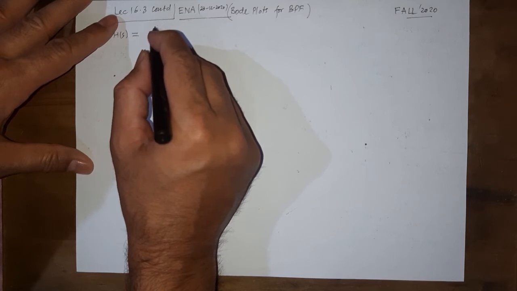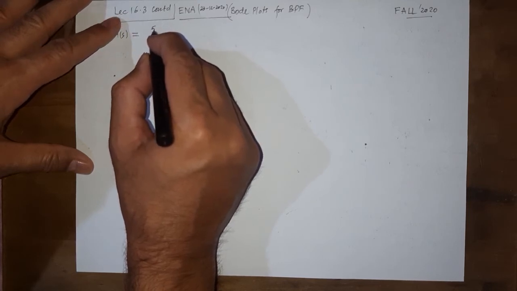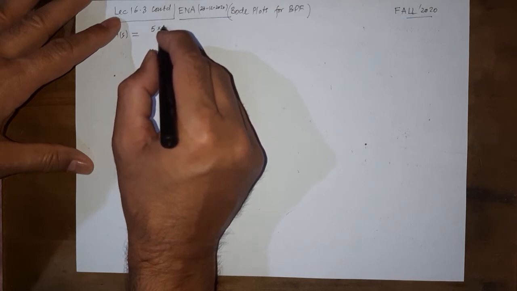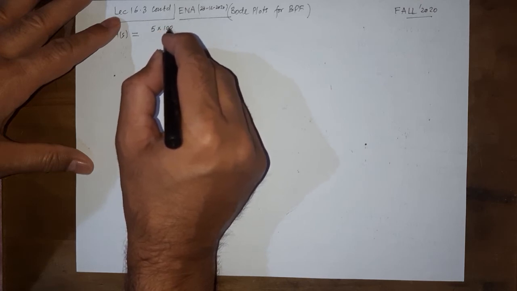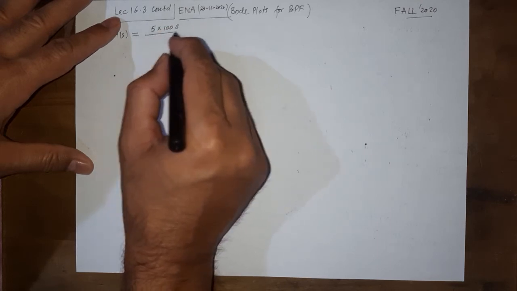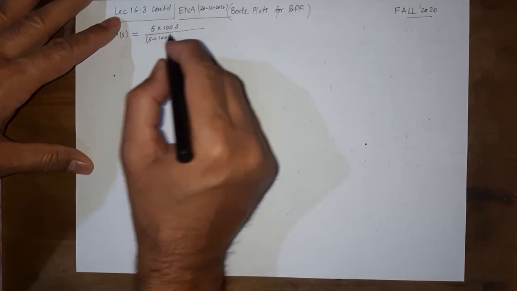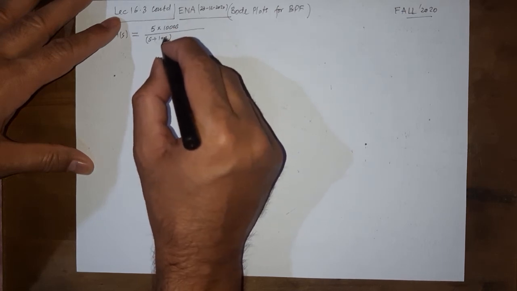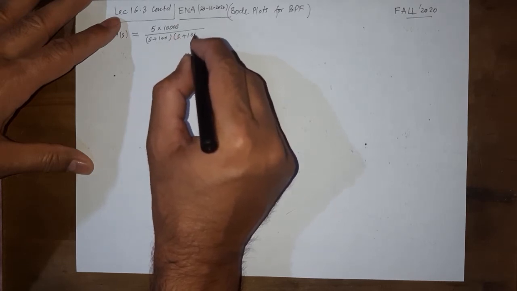Let us assume we have a term of say 5 into 100 s over s plus 100. Let us make this 1000, s plus 100 and s plus 1000.